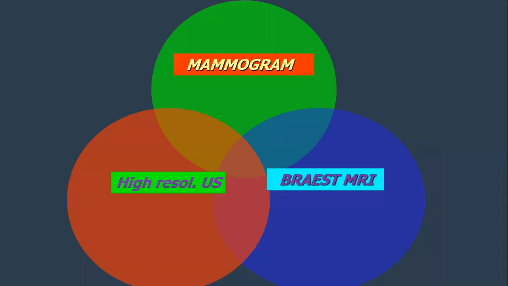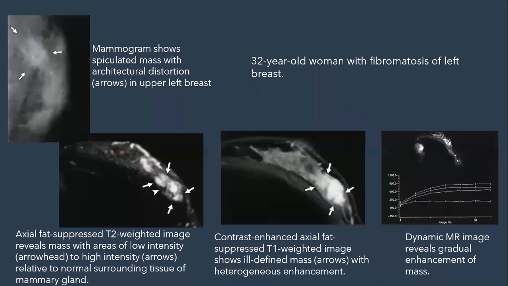Okay. So here we have these indistinct lesions, the same on MRI here, with enhancement, in a 32-year-old lady, a case of left breast fibromatosis. This is the fibromatosis. If I ask you to ask me one question regarding this lady, what would you like to ask?